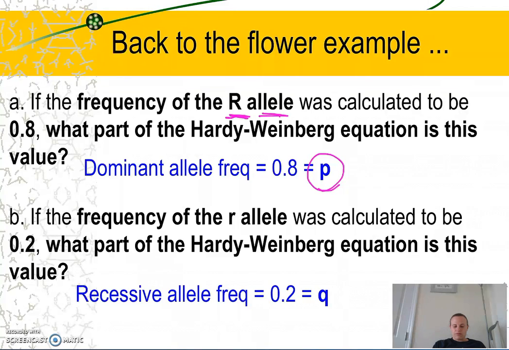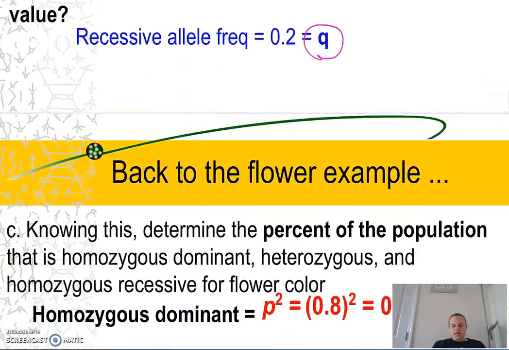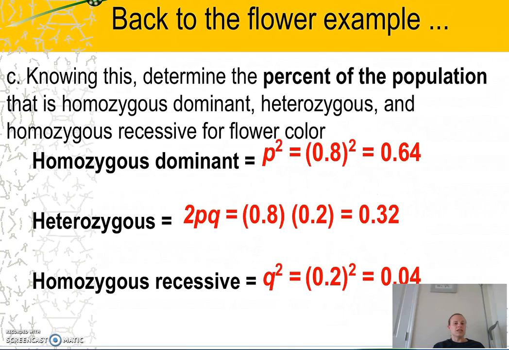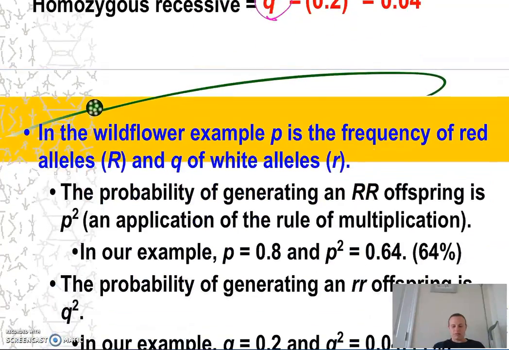If I was looking at the frequency for the recessive allele, that means I'm looking at q. Now, if I wanted to solve for the percent of the population that's homozygous dominant, heterozygous, or homozygous recessive, then I'm looking back at that first equation, where I'm looking to solve for p squared, 2pq, or q squared. And because I already have p and q, it's just a plug and chug type of problem.